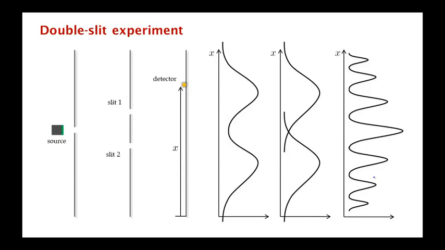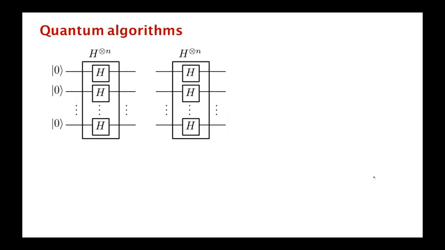Let me argue that you can view Simon's algorithm as a sophisticated kind of double slit experiment, as a kind of interference experiment. So, let's say that we have n qubits, we do a Hadamard transform, and then we do another Hadamard transform.